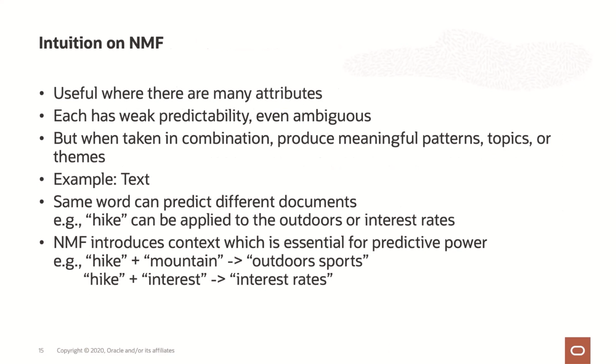If you think about the word hike, the NMF can introduce the context. It can introduce hike and mountain to be an outdoors sport, and hike and interest, then it can understand and help you identify that it's interest rates. So it gives you that kind of ability.